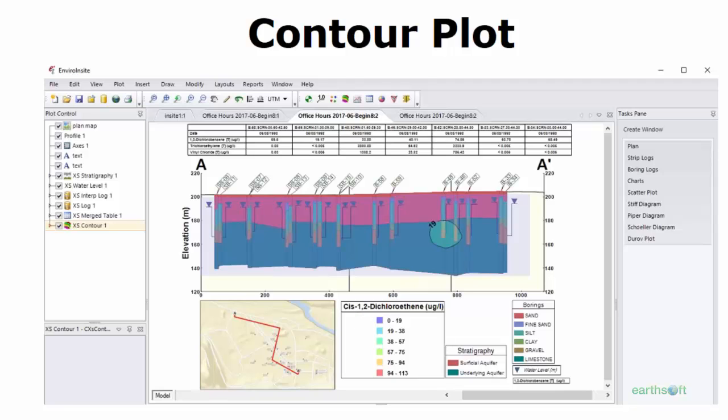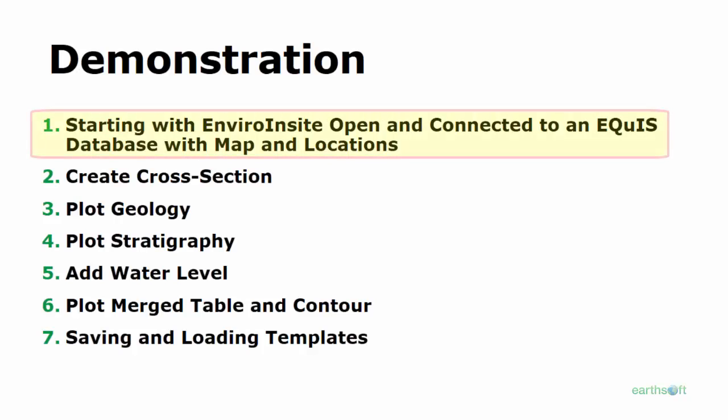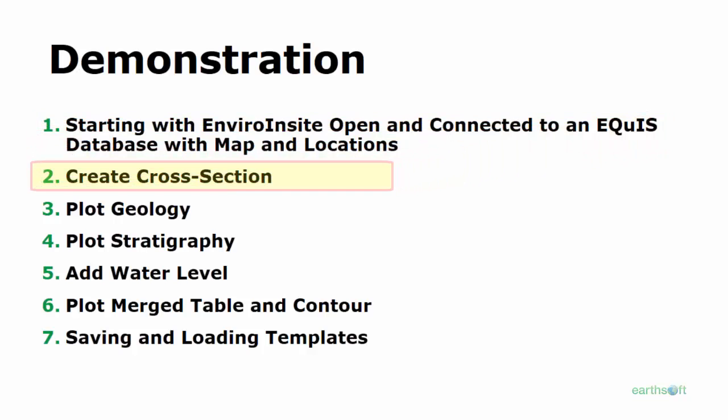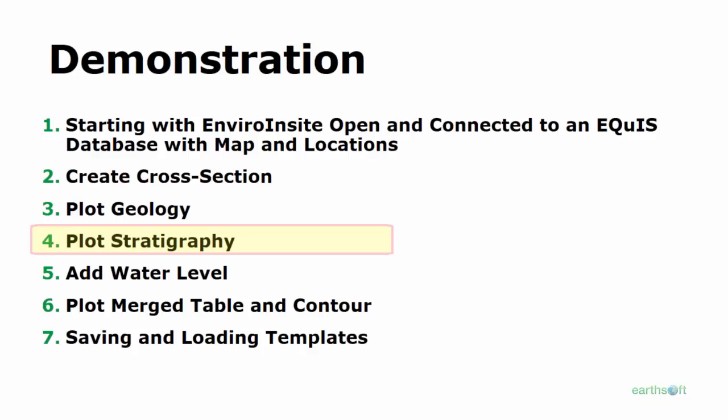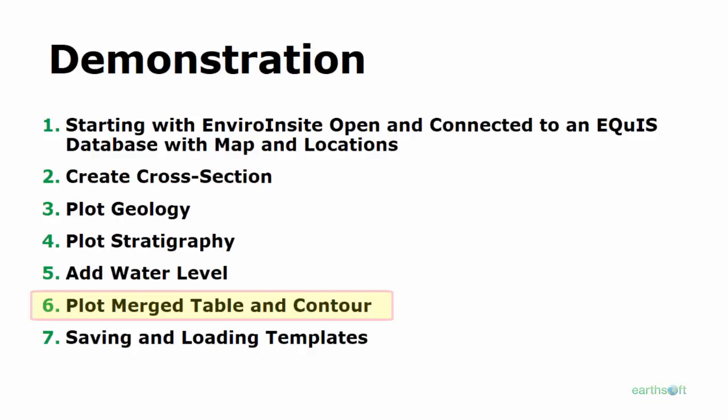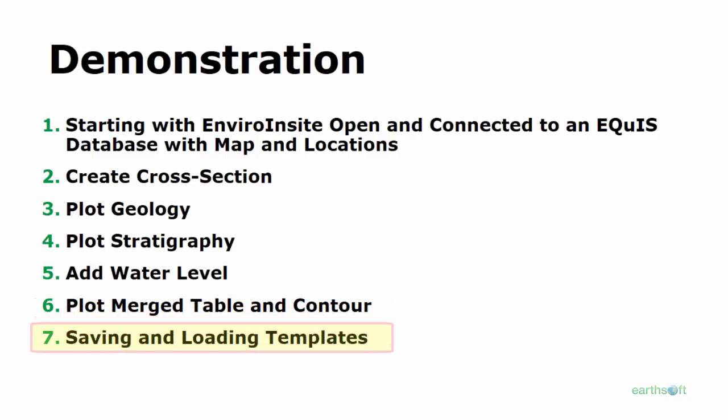So for our demonstration, just as the slides indicated, here is a little indication of what we'll do. We're starting with EnviroInsite open and connected to an Equus database with our map and locations already plotted on our EnviroInsite section there. Then we will come in and create the cross section, plot geology, plot stratigraphy, add the water level, put our merge table and contour on, and then we will save a template.